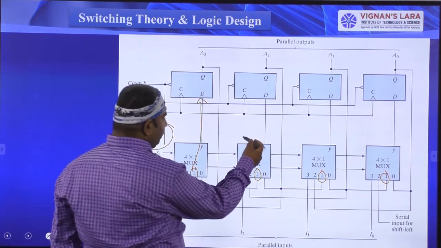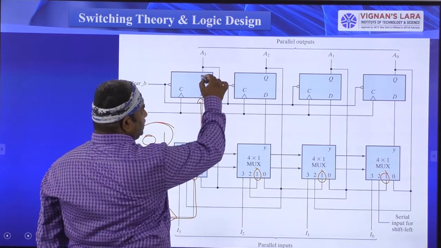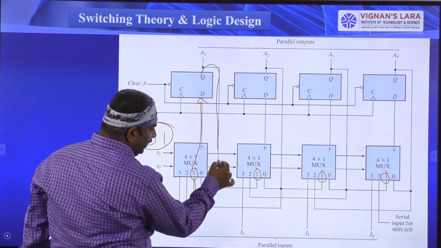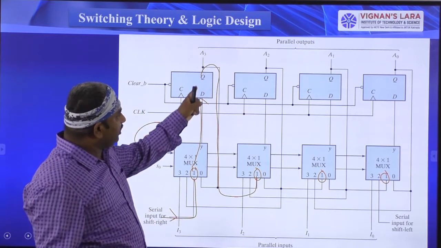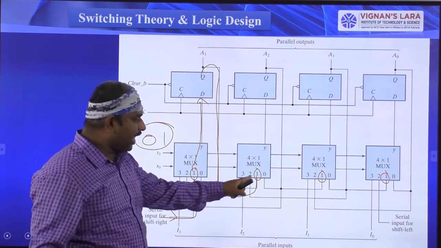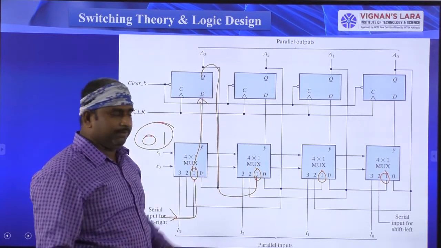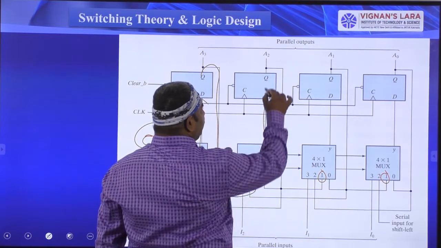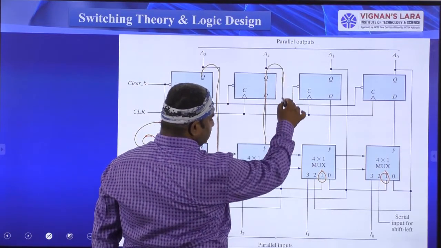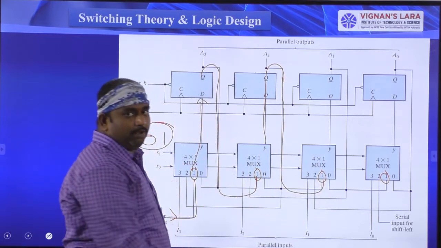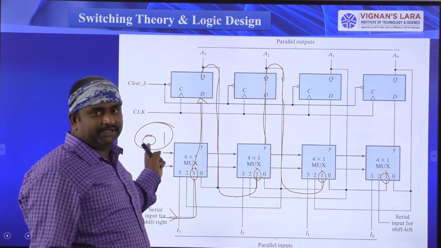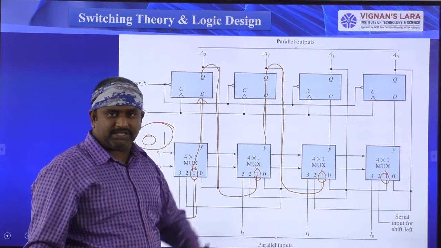In the same way, the first D flip-flop output is connected to the second flip-flop's first terminal. The second flip-flop output is connected to the next flip-flop input in the place of 1. When you select 0, 1, all the 1 terminals are activated.